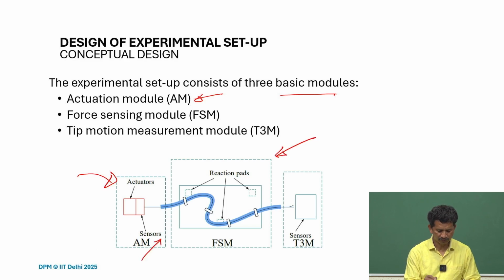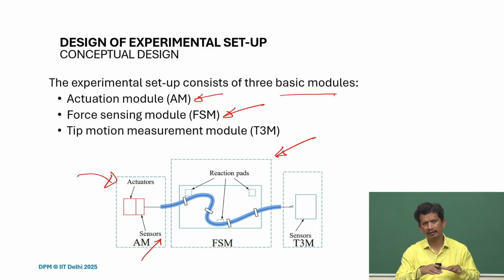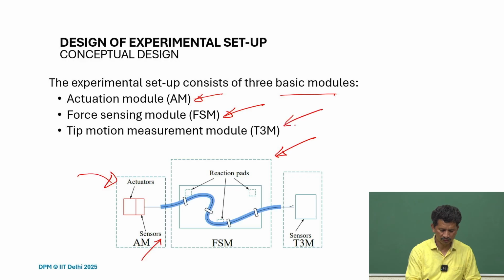Second is the force sensing module, where the endoscope is mounted, and whatever force of interaction there is can be measured using reaction pads, or some methods we have to use. And the third is the tip motion measurement module.